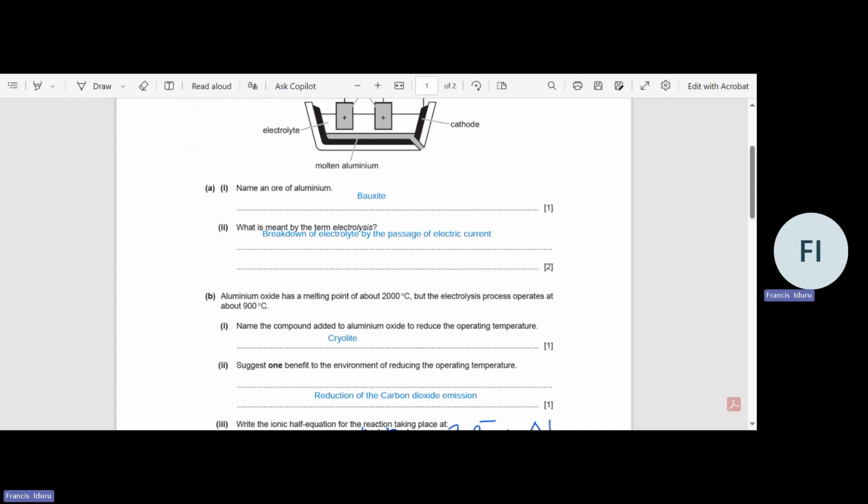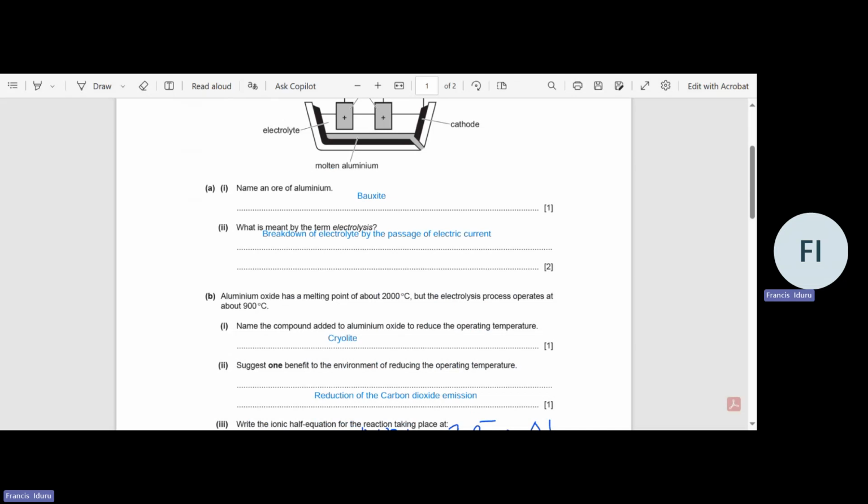And so at a lower temperature, the amount of money wasted in replacing the anode has been reduced. So it reduces the cost of the process.